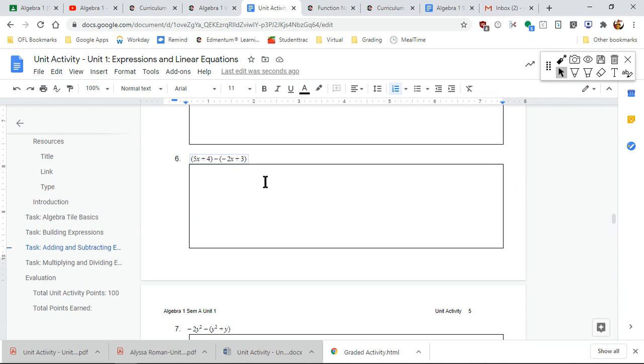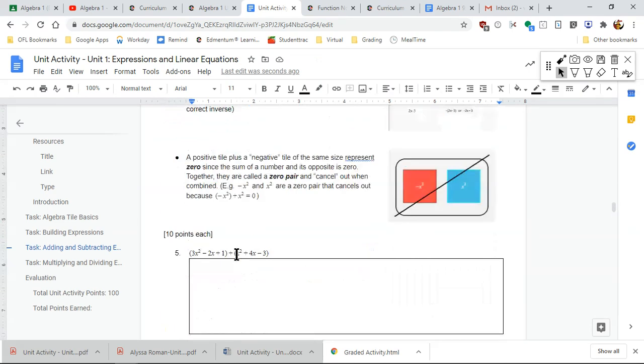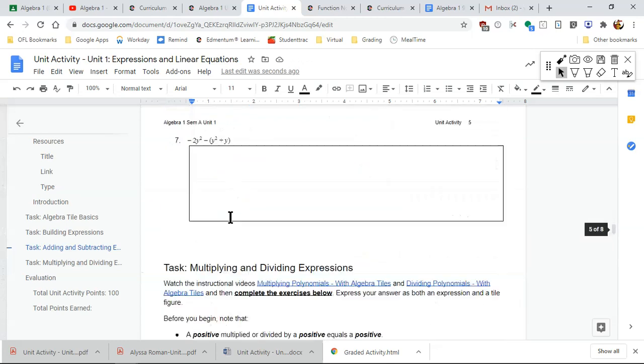So I'm going to change this to -3, and I'm going to change this to 5. So mine is going to be a little different, because I've noticed a lot of you are struggling with these.